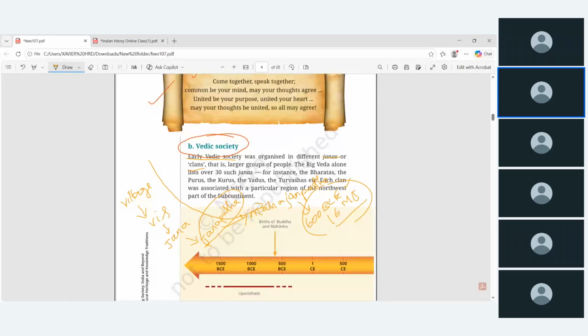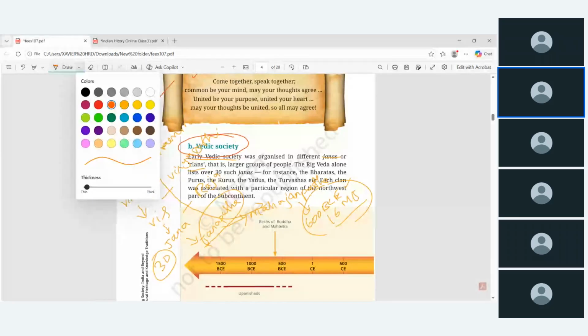The leader of the village was called Gramini, the leader of the vish was the Vishapati, and the leader of the Jana was a Raja or Rajan. According to the Rig Veda alone, around 30 such Janas were there.